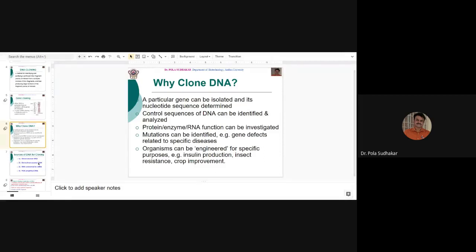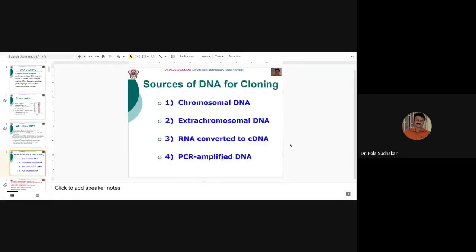Then sources of DNA for cloning. We can take DNA from any source: microorganisms, plants, or animals. With genetic engineering, you can transfer DNA from plants to animals, animals to plants, microorganisms to plants, and plants to microorganisms.